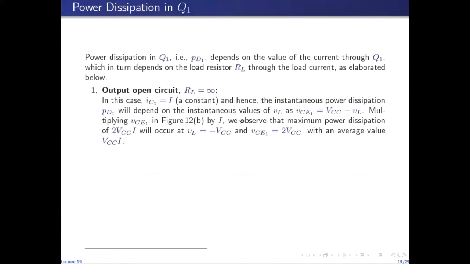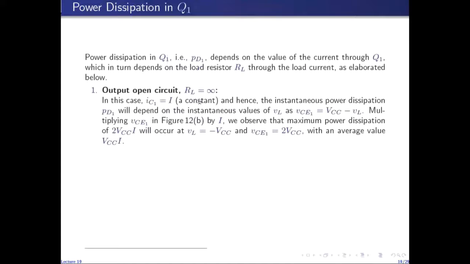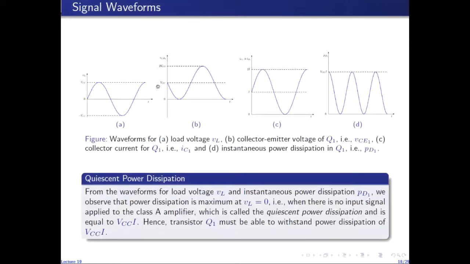So the maximum power dissipation in Q1 is 2 VCC times I when VL is equal to minus VCC and VCE1 is at its maximum positive peak of 2 times VCC. And the average value, like I said, is equal to VCC times I.